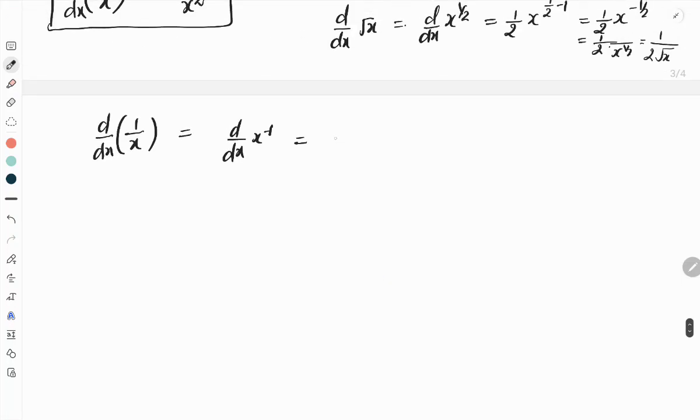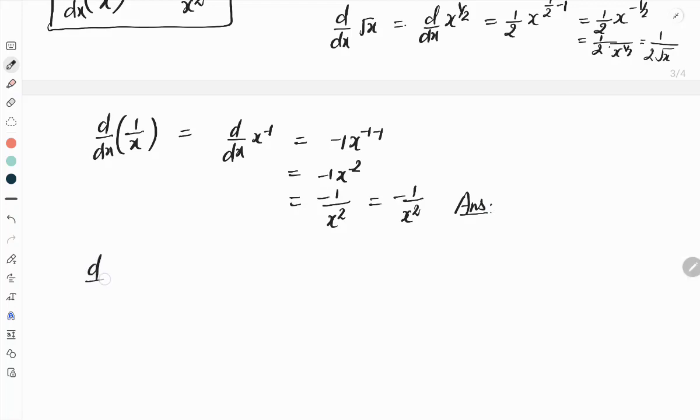So it will be minus 1 outside, x power minus 1 minus 1, reducing the power by 1, so minus 1 x power minus 2. I can write this in the denominator: minus 1 upon x square, meaning minus 1 by x square. I hope up to this one is clear to you.